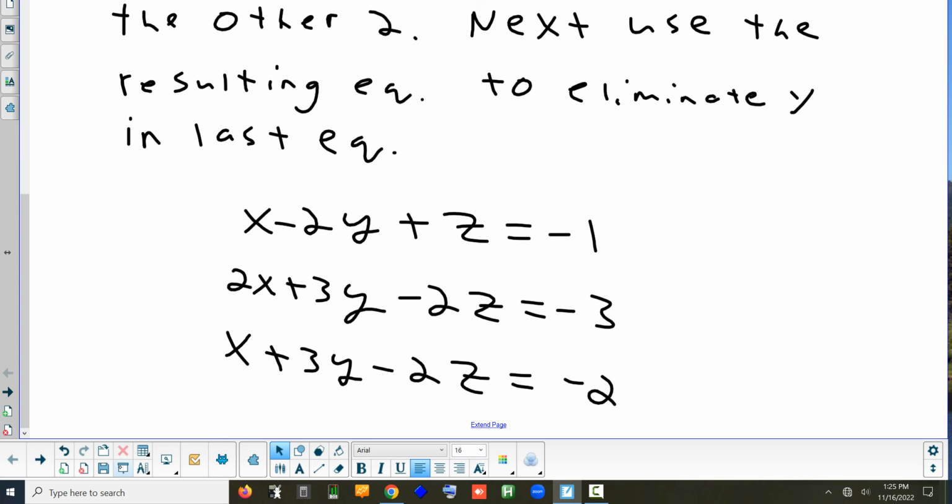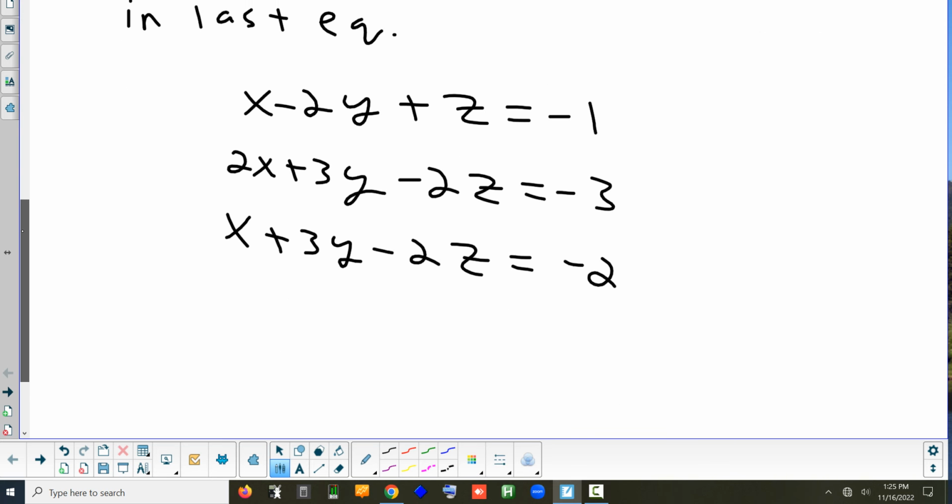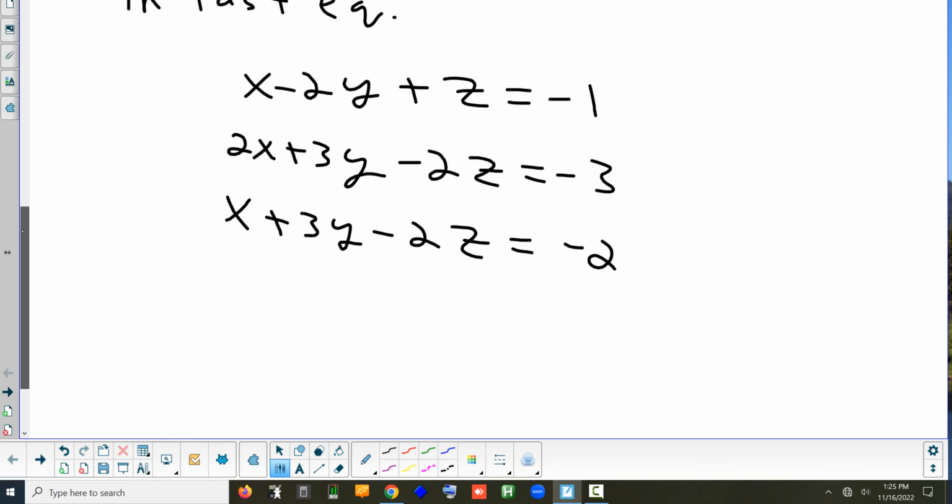Okay, so there's our equations. Even if they didn't tell you what variable to eliminate, you generally want to look for a variable that has what number in front of it? Look for a 1. I see a couple with 1s. We've got some x's with 1s. We've also got a z with a 1 over there.